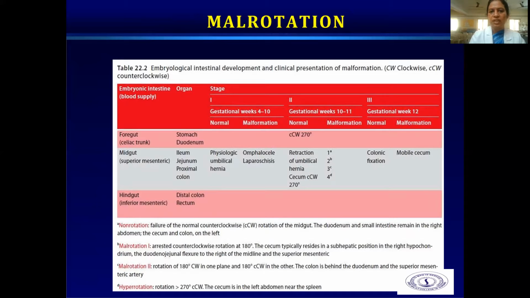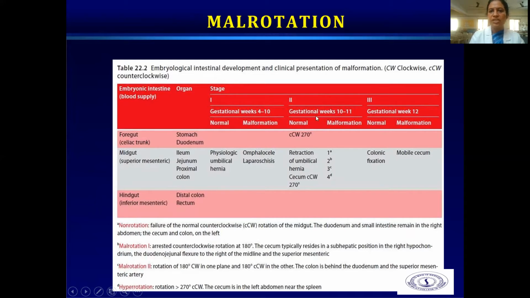Stage 1 is gestation week 4 to 10, stage 2 is gestation week 10 to 11, and the third stage is gestation week 12. So foregut, that is celiac trunk, and midgut, superior mesenteric. The foregut includes stomach, duodenum; the midgut includes ileum, jejunum, proximal colon. And in gestational week 4 to 10, we see physiological umbilical hernia, omphalocele and laparoschisis.